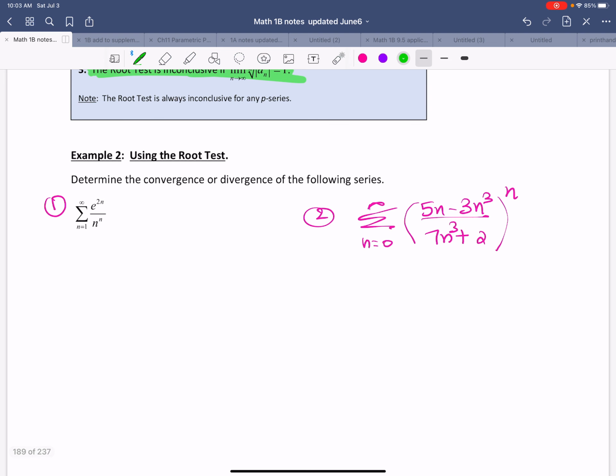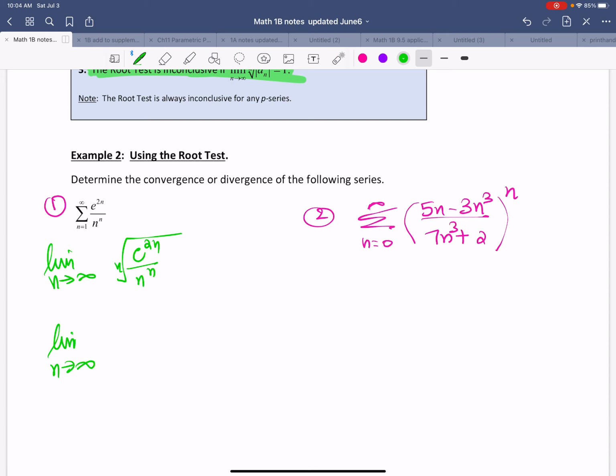Here is the first example. Summation n equals 1 to infinity of e to the power 2n over n to the power n. I'm going to apply the root test. Limit as n goes to infinity of the nth root of a_n, which is the nth root of e to the power 2n over n to the power n.